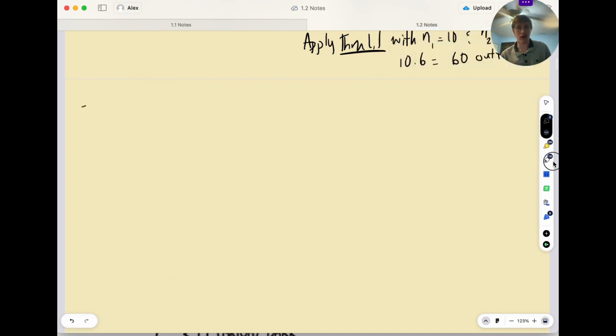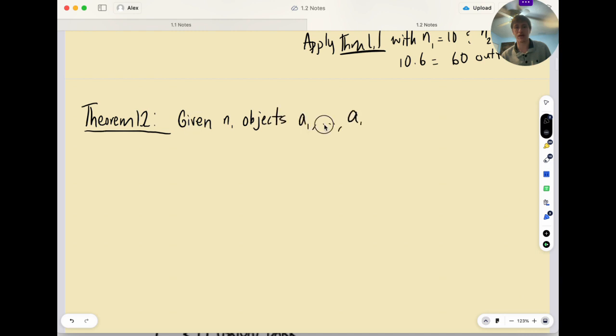Okay, and that's going to be theorem 1.2. Which is really the one that we're going to use. And it basically says, given n1 objects that we can enumerate kind of in the same way, maybe n2 objects here, and then this just continues on, right?